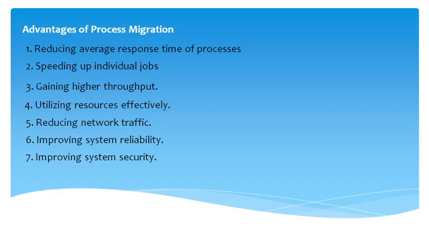Whatever node has all these resources, if we migrate that process to that particular node, it can run effectively there. So process migration facilitates the use of these resources by the process, and it can get the successful running of that particular process on a node.